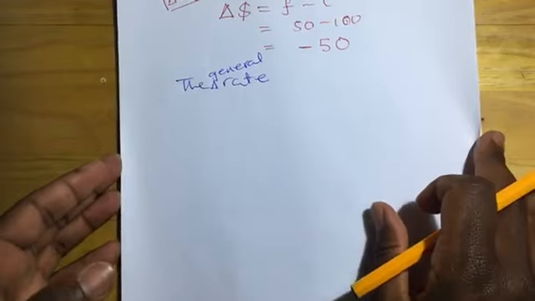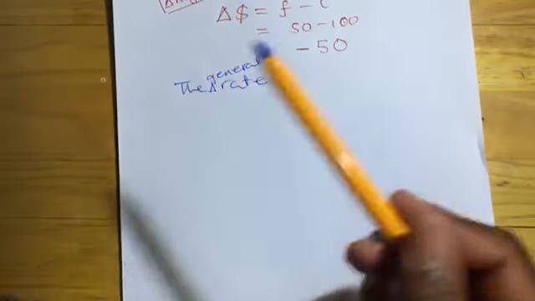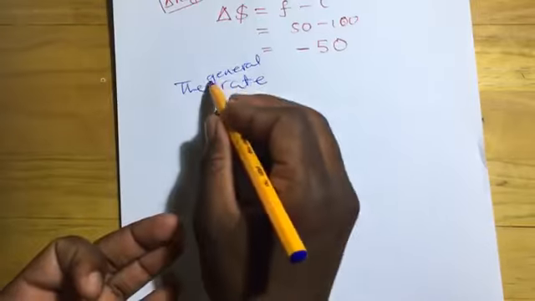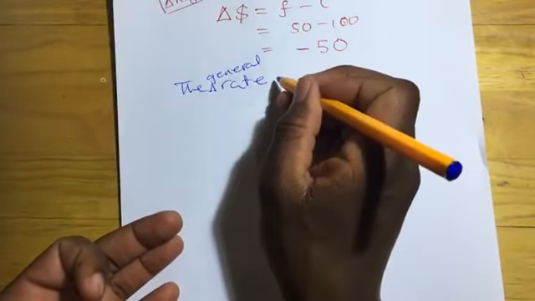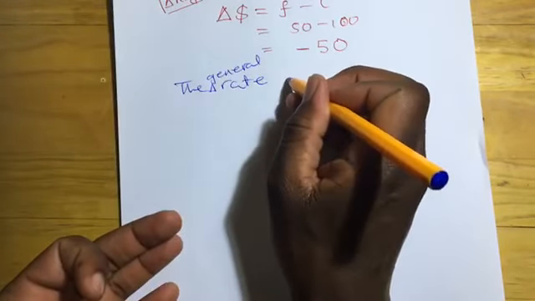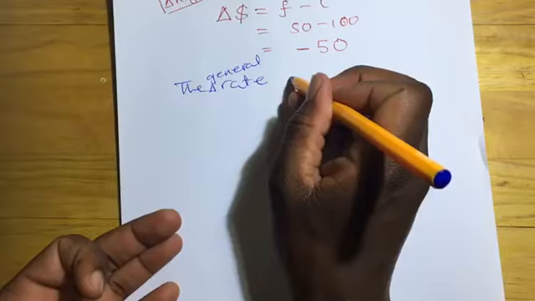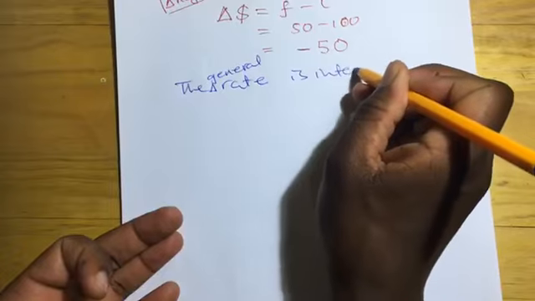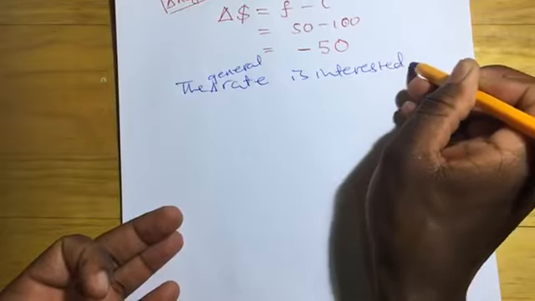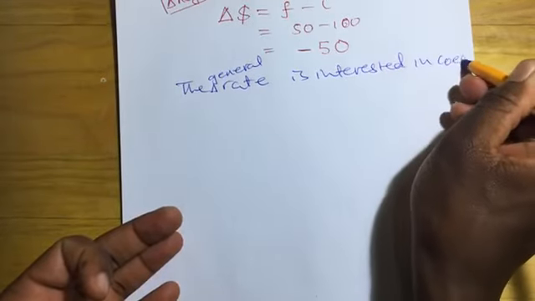Okay. All right. So we're going to call the first rate the general rate. So the general rate is interested in coefficients.